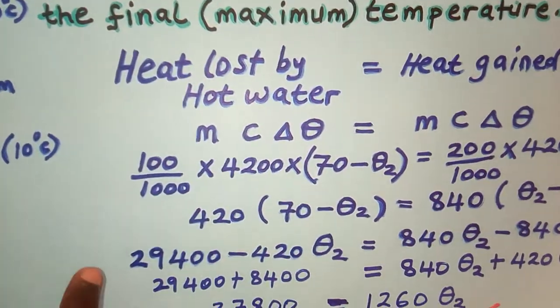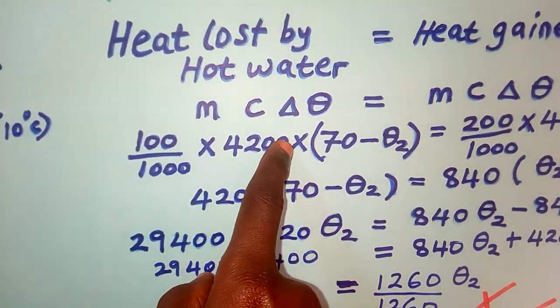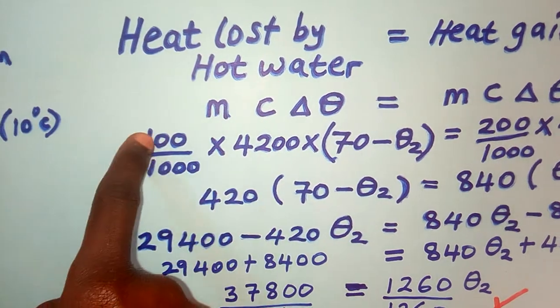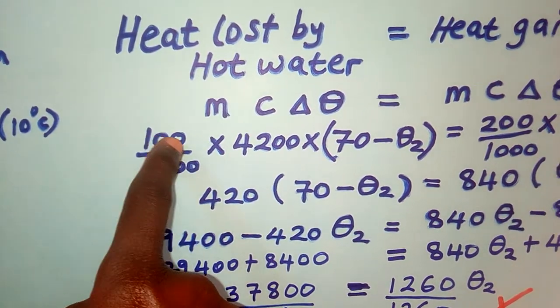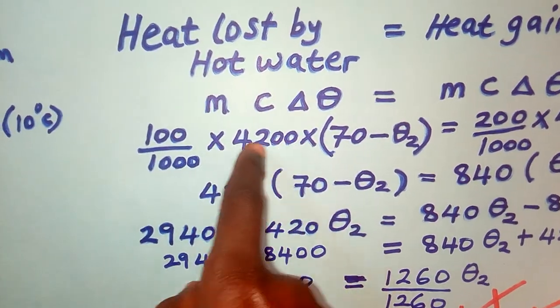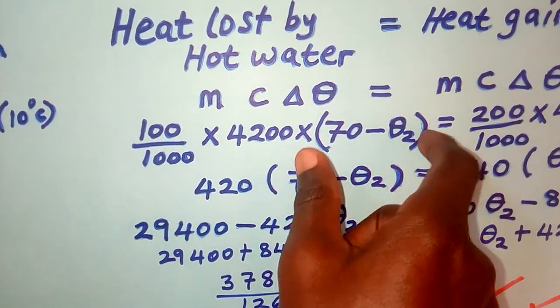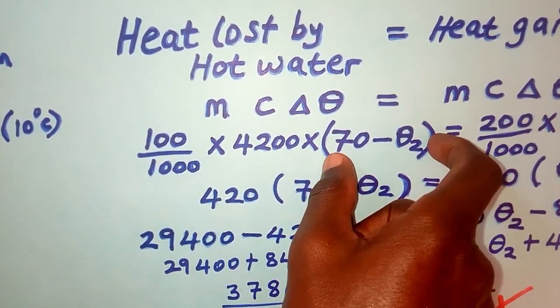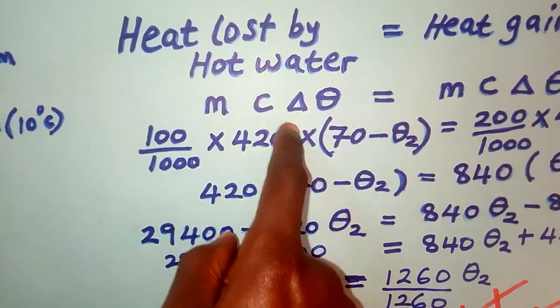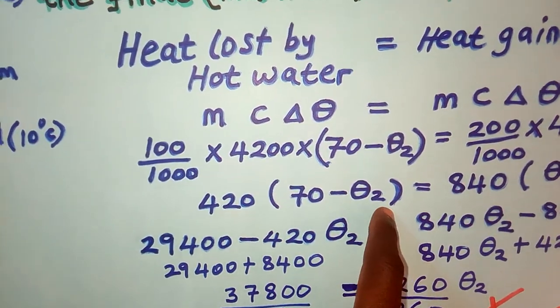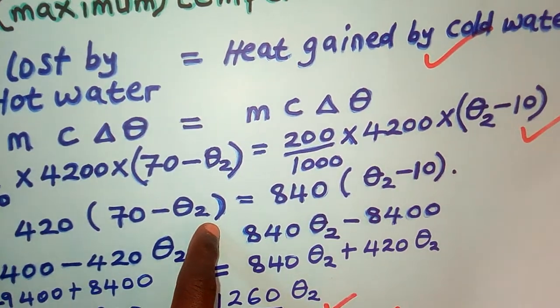Now, you can multiply these figures. You deal with these ones. You multiply 100 times 4200 divided by 1000. You get 420 before you touch the bracket. So whatever you get outside here must be multiplied with what? The bracket. Then this side also you do the same.